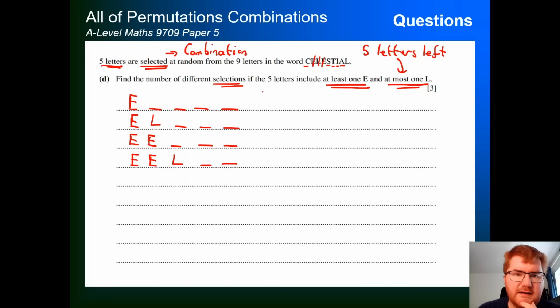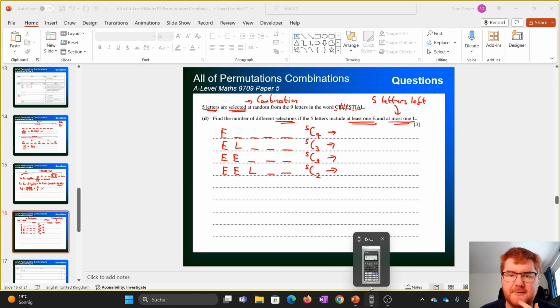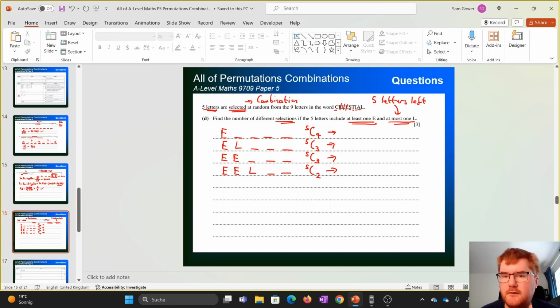So we need to then work out from the 5 letters left, 4 are missing, so 5 choose 4. Here we've got 5 choose 3. And here we've got 5 choose 3, and here 5 choose 2. So all we need to do is work out these binomial coefficients, which we can easily do on our calculator. 5 choose 4 is equal to 5, and then 5 choose 3 is equal to 10.